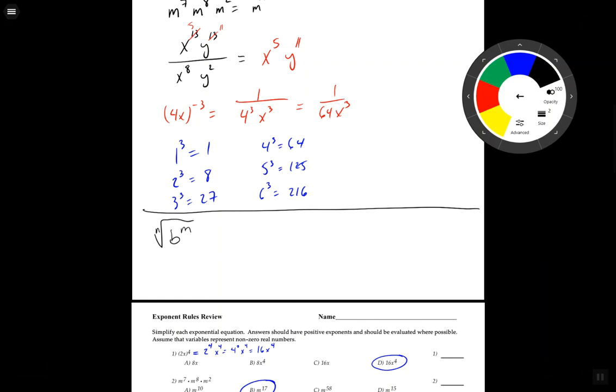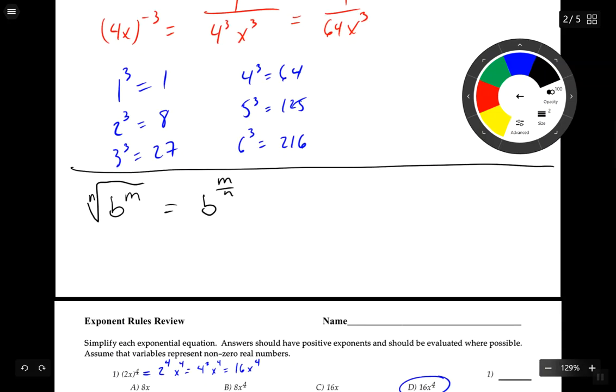So the power we're raising to goes on the top, and the root goes on the bottom. Make sense? So this is going to become b to the m over n power. Why did I do that? Because the root goes down, and the power which we raise something to goes up. It's that simple.